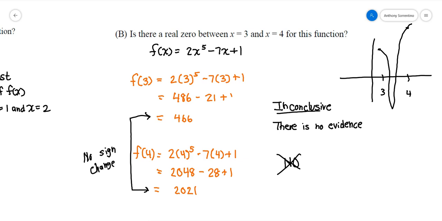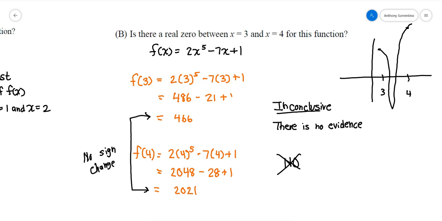But if I have two or more places where the graph crosses the x-axis, I could fail this test, but still in fact have zeros. I just don't have the evidence to say one way or the other.